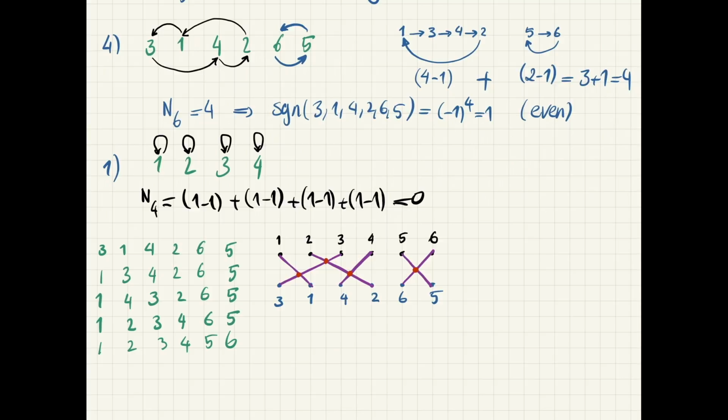Of course, if you see here, the minimum number was also coincidentally 4. So that's a coincidence. This is not always the case that the number of intersections is exactly equal to the minimum number of transpositions we need. But the point is that the parity of the intersection points is always a correct parity.